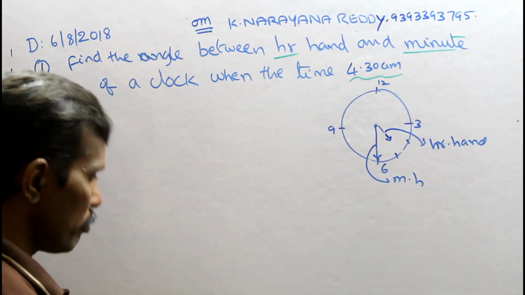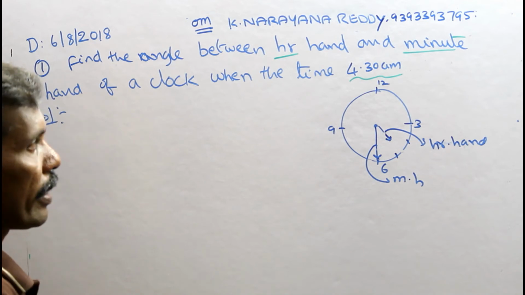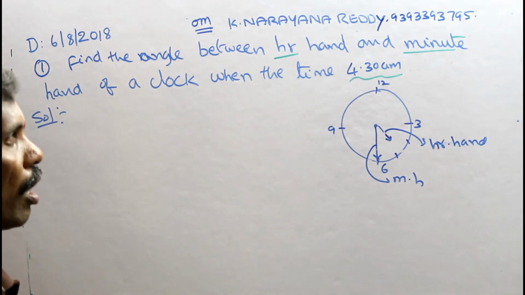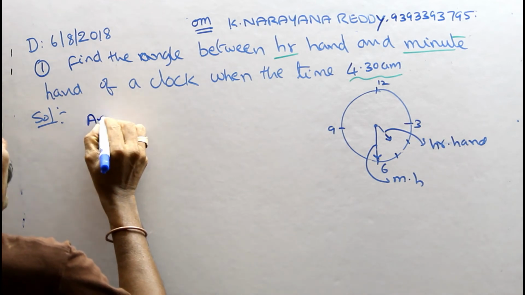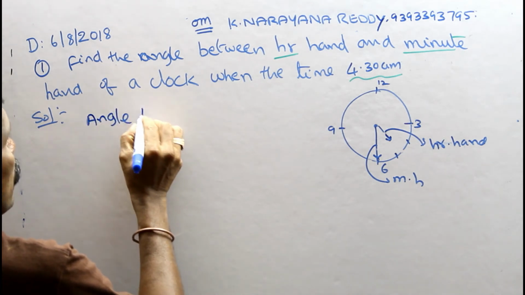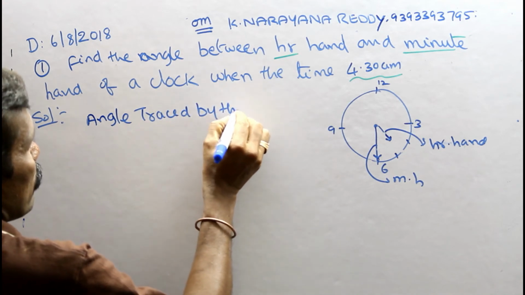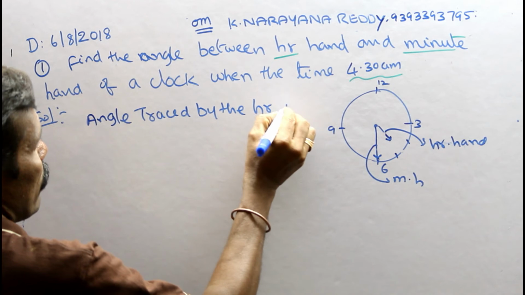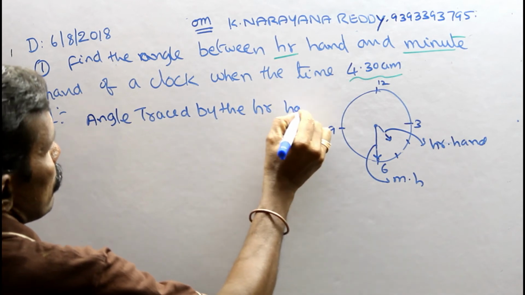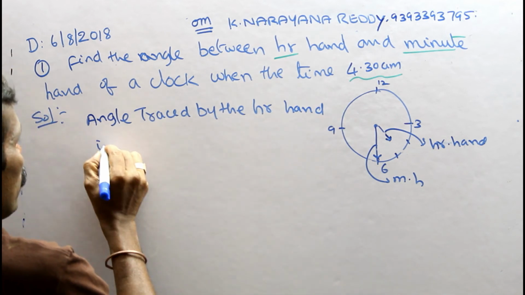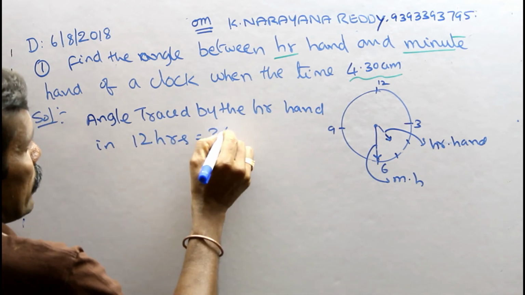Now, by the problem, the angle traced by the hour hand in 12 hours equals 360 degrees.